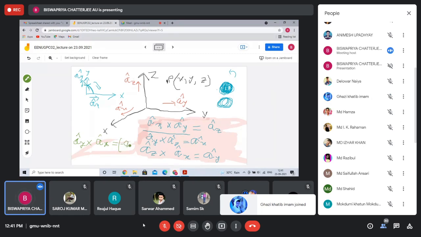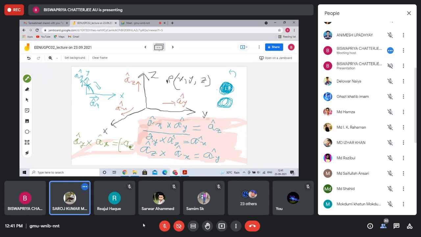But can you think clockwise? Yes. AX cross AY means you are going to give anti-clockwise rotation. So the resulting vector will be directed in a definite direction.